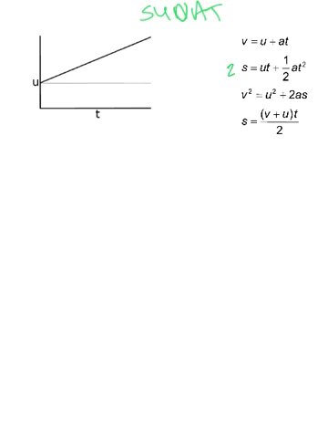The first thing I'm going to do is use number 3 as my starting point, which we've already proven. So v squared equals u squared plus 2as. That's number 3, and I'm going to sub 1 into 3 for the v's.